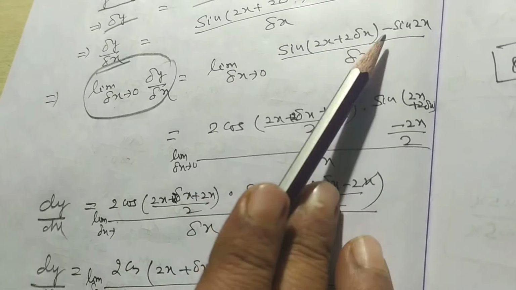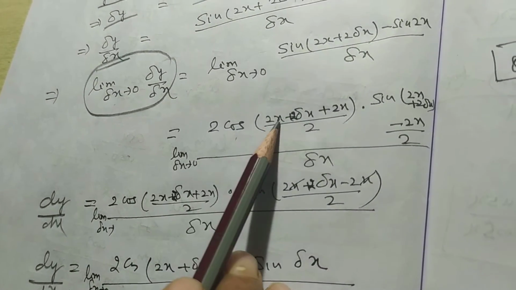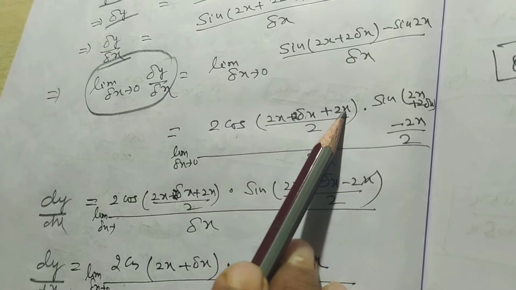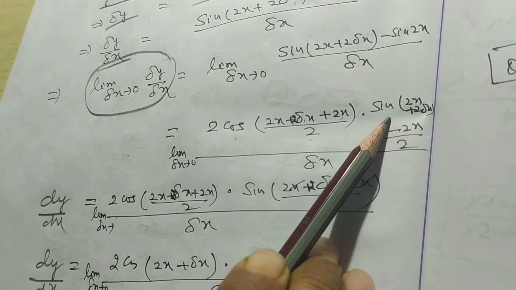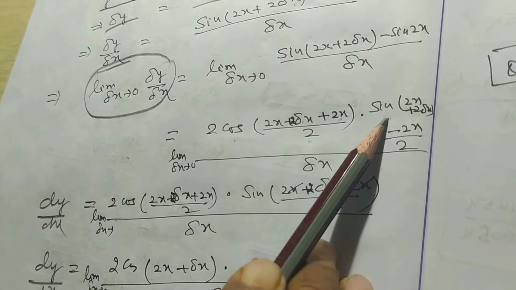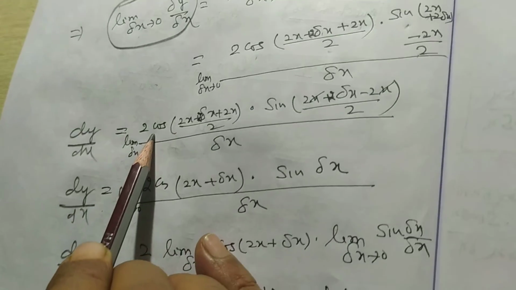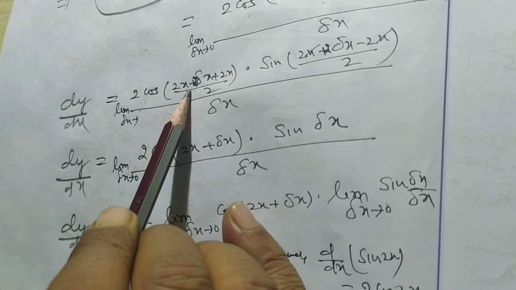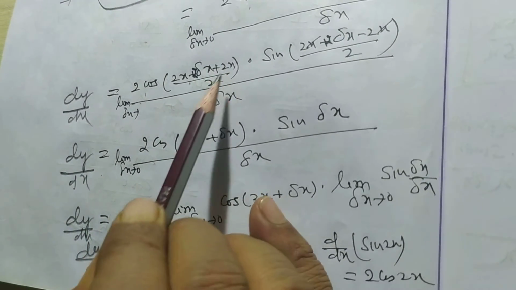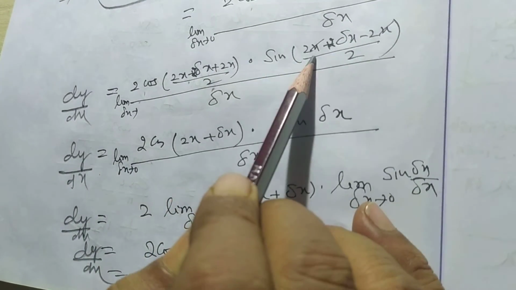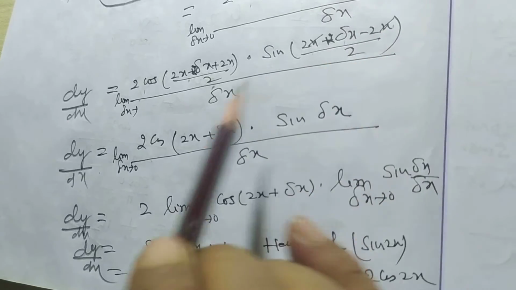Sin c minus sin d is equal to twice cos of (2x plus 2 delta x plus 2x) by 2, and sin of (2x plus 2 delta x minus 2x) by 2. So after solving we have 2 cos of (2x plus 2 delta x plus 2x) by 2 into sin of (2x plus 2 delta x minus 2x) by 2.